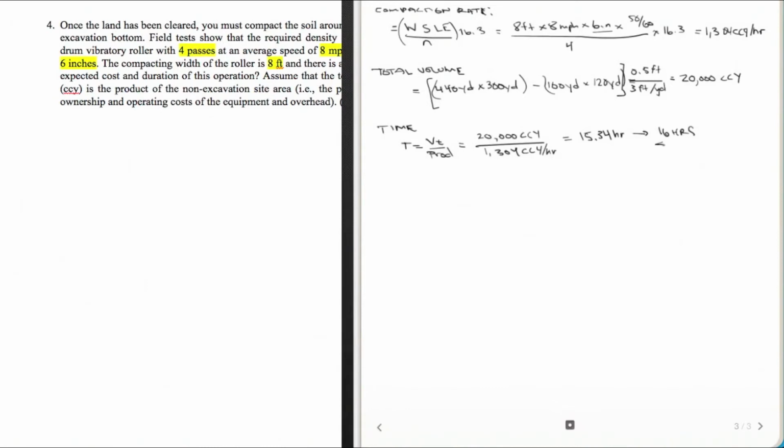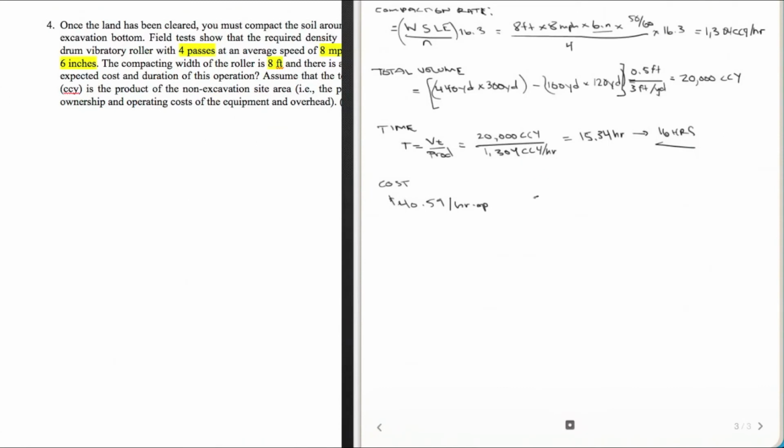That's our solution. And then our cost, again, knowing the cost per operator per hour is, from previous problems, $40.59 per hour operator.